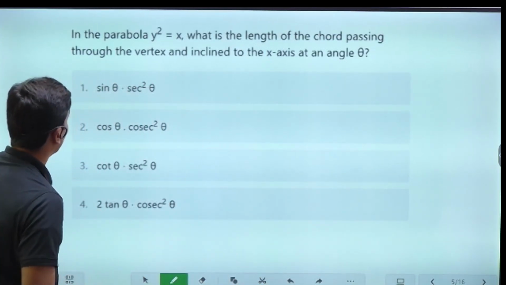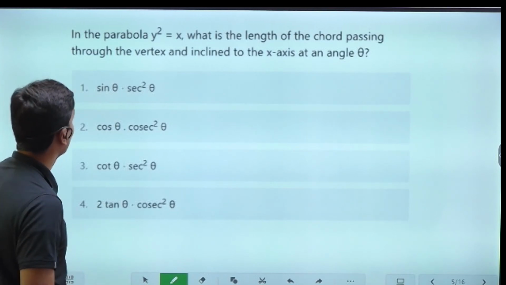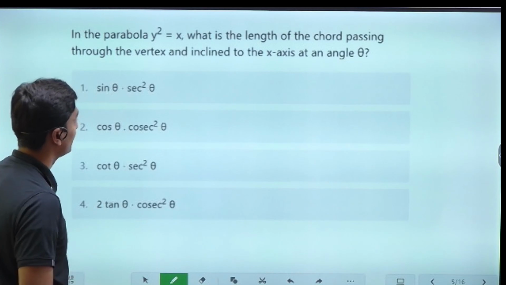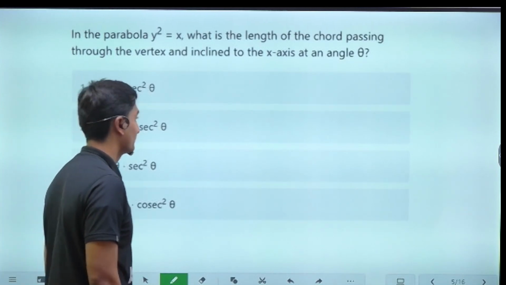In the parabola y square is equal to x, what is the length of the chord passing through the vertex and inclined to the x-axis at an angle theta?